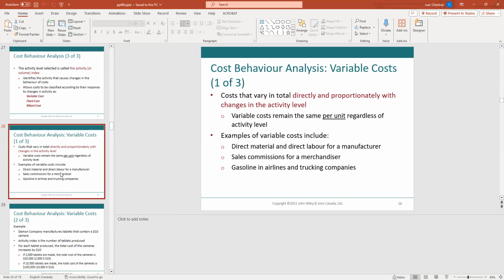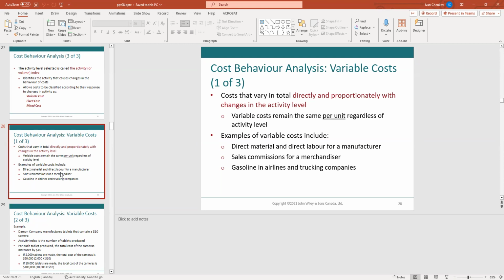The only thing that drives the cost is how many liters you put in your tank, or how many kilometers you drive your car. If you don't drive your car, the cost will be zero.